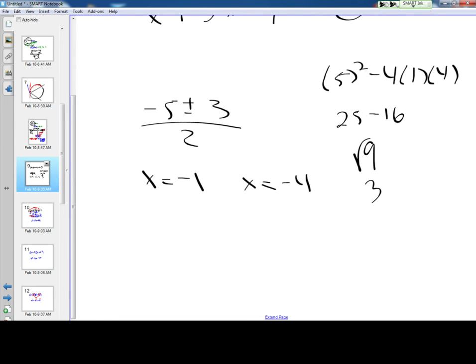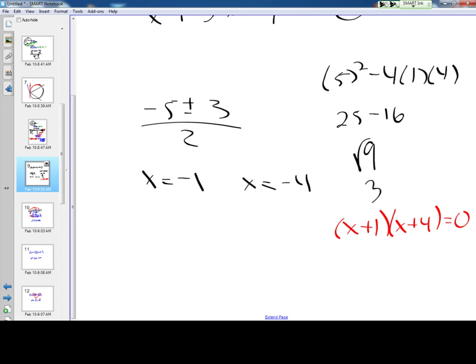Now, that doesn't look like what I factored, does it? Yes, it does, because here's what I want to do. What did I say when it was in factored form? It was x plus 1, x plus 4 equals 0. This is like upper math, but that's okay. We're going to get through it. So here's what I do.